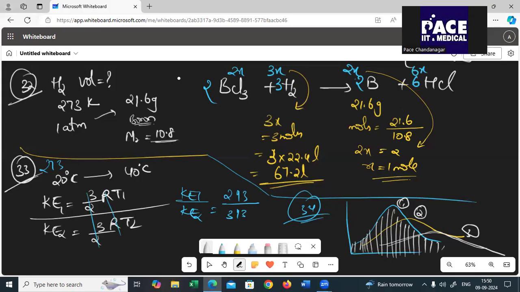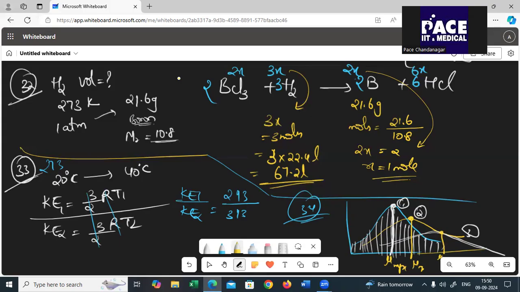Most probable speed increases. Yes, initially this was the most probable speed. And now for the yellow one, this is the most probable speed, UMP1, UMP2, and here is my UMP3. As compared to broader curves, the most probable speed is increasing definitely, but the number of particles that have this speed is less.